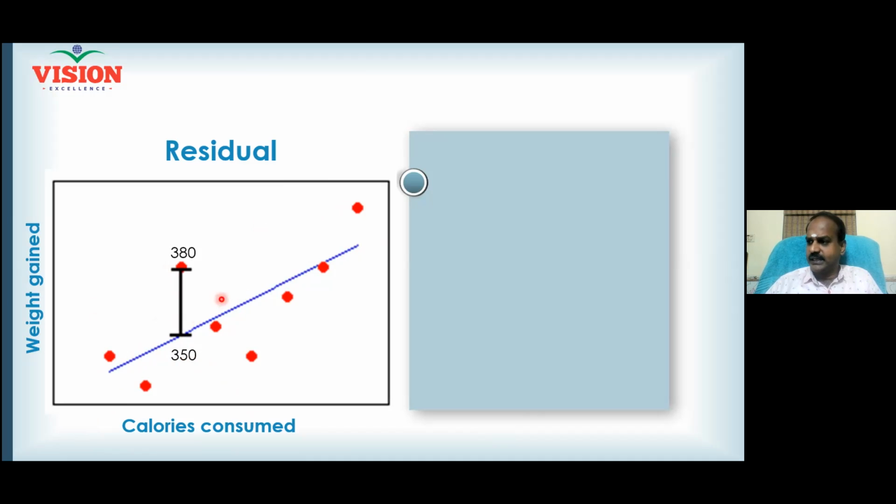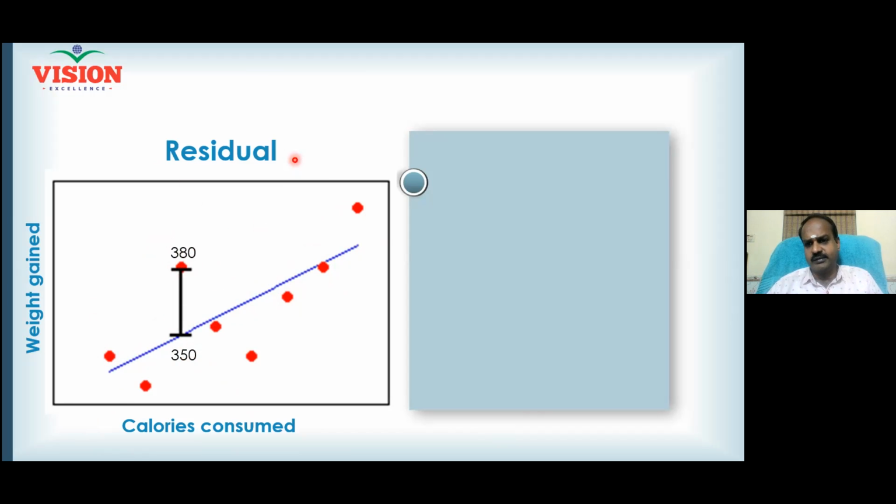Even though I keep the line like this, still there is an error in my study. Still there is a deviation. None of the points is exactly on the line, isn't it? Every point is above the line or below the line. Only this point seems to be more accurate. The next accurate one is this, but this point has a lot of deviation. This deviation is called residual.